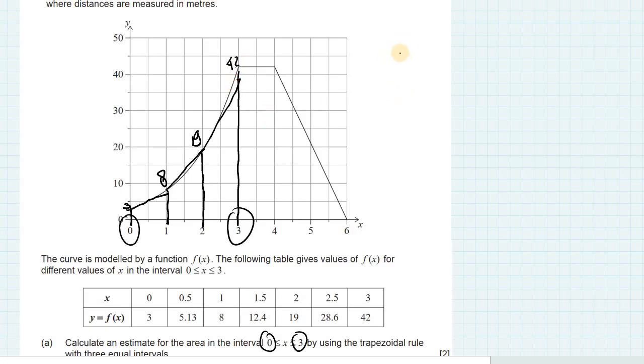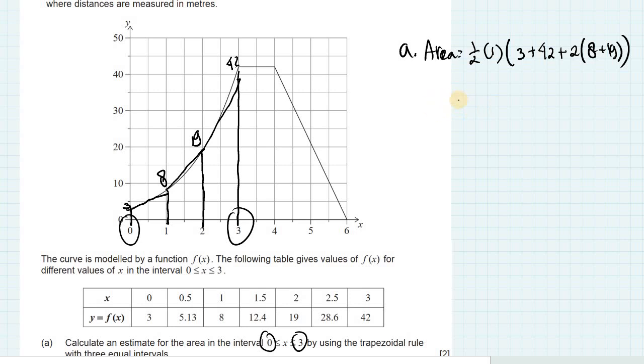So for question A, the area is equal to half times the interval, sorry, not the height, the interval, which is 1, times the first one, 3, plus the last one, 42, plus 2 times all the middle ones, 8 plus 19.